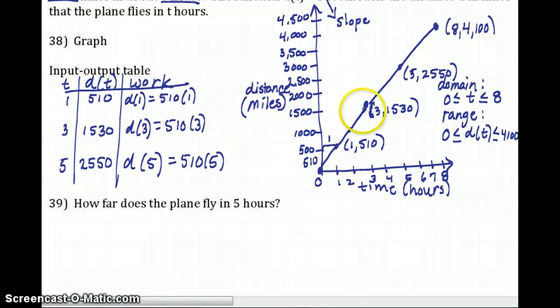I wrote it here, but I didn't put that in there. Okay, so our second hour is going to be right about here. So you're going to come up 510, and you're going to go over 1 hour. So it's rise over run, which is where slope is a constant rate of change. So slope is a constant rate of change.